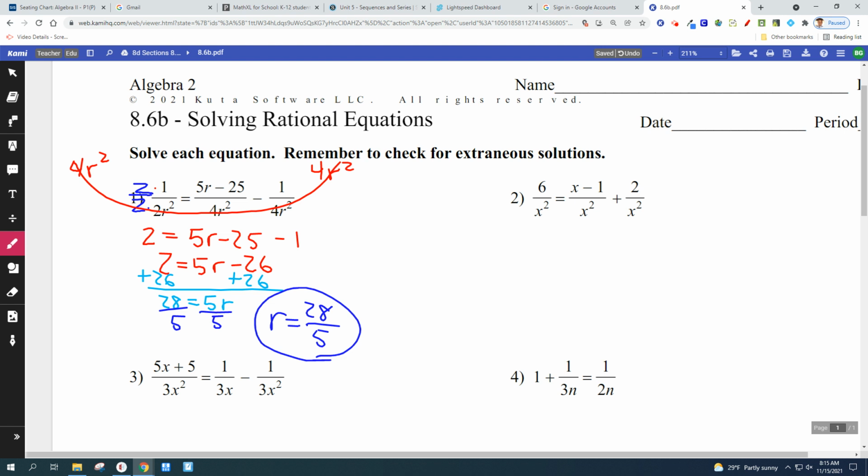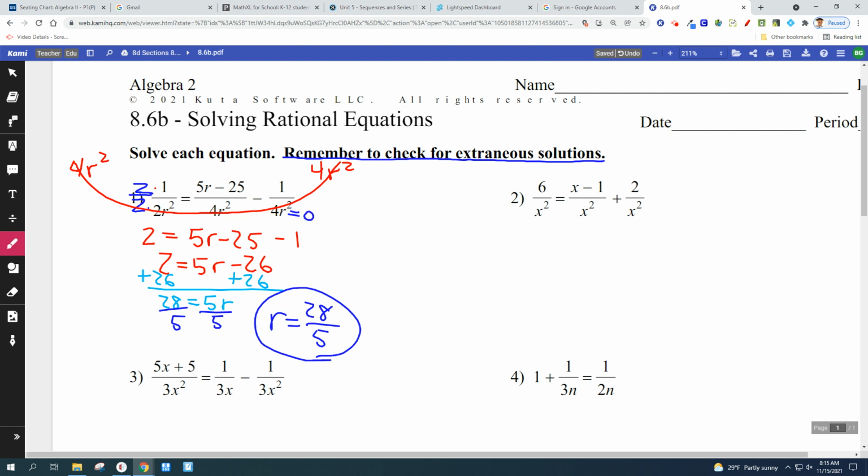The only thing you have to pay attention to is when it says remember to check for extraneous solutions. When we have variables on the bottom of a fraction, we have this situation that comes up sometimes where your answer produces 0 on the bottom of a fraction, which is no good. So it's good a lot of the time to look at the denominator and ask what's going to make that denominator equal 0.